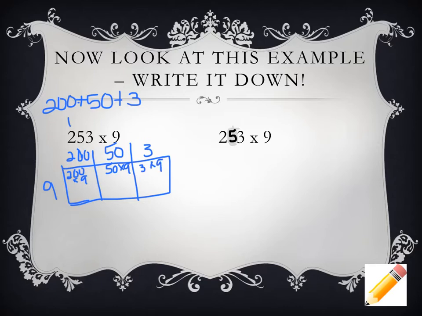In 200 times 9, my basic fact is 2 times 9, which is 18. Since it's hundreds, that gives me 1,800. 50 times 9, 5 times 9 is my basic fact, 45. And since 50 is a tens place, I add that 0 for 450.